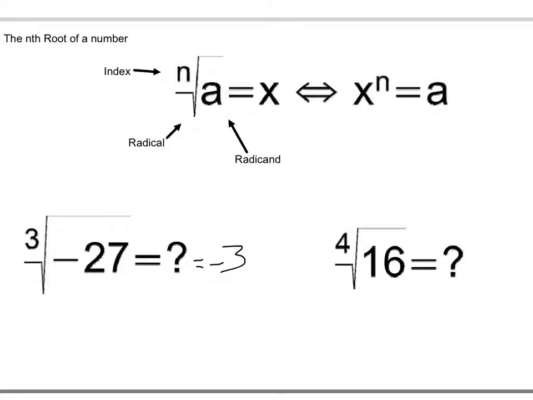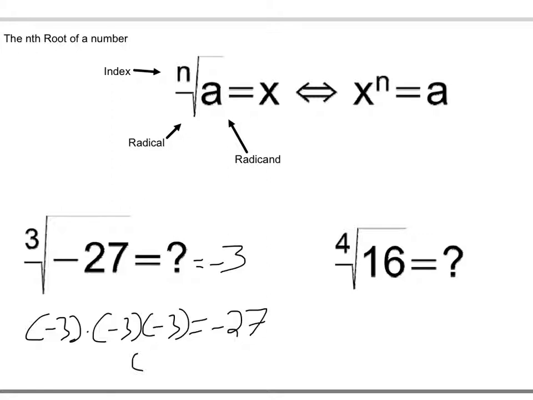And the reason for that is because negative 3 times negative 3 times negative 3 equals negative 27. That's the connection between the radical and the exponent. I could write it as negative 3 to the third. And my exponent here is the same as my index here. A negative times a negative times a negative ends up leaving me with another negative, the negative 27, which was my original radicand.